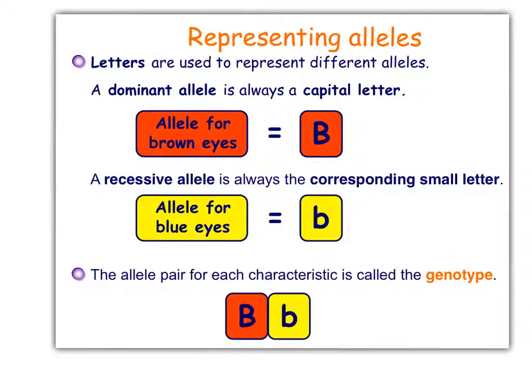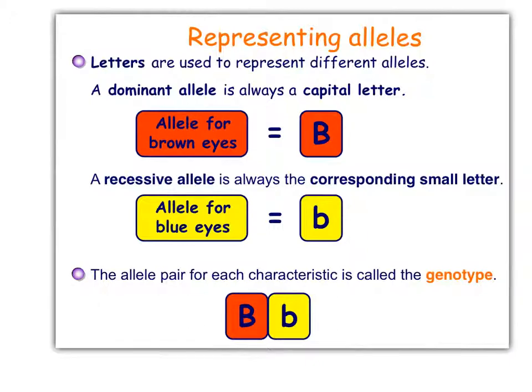Look a little bit further, we represent alleles using letters. A dominant letter is always a capital letter. Okay, so start with that, find out what the dominant characteristic is, and that gives you the capital letter that you're going to use.